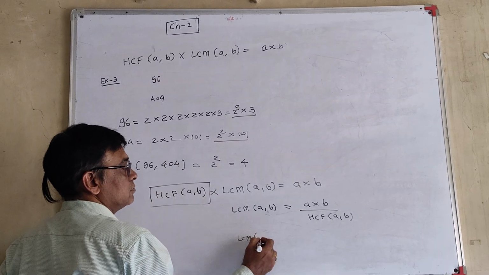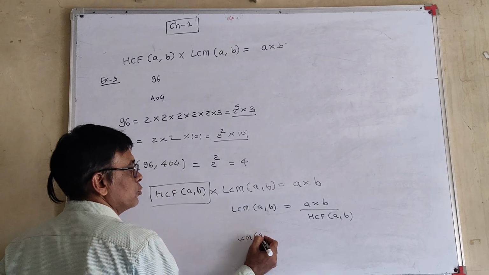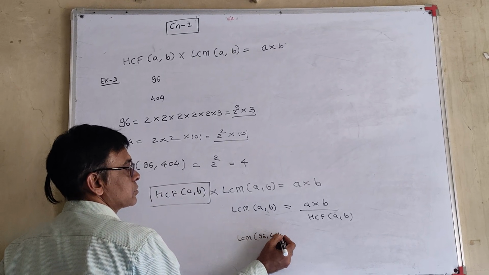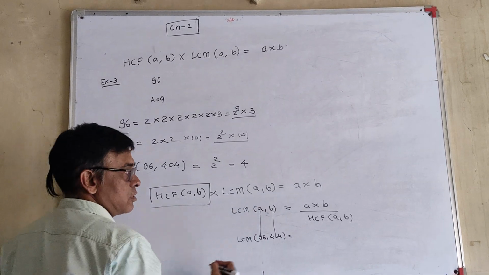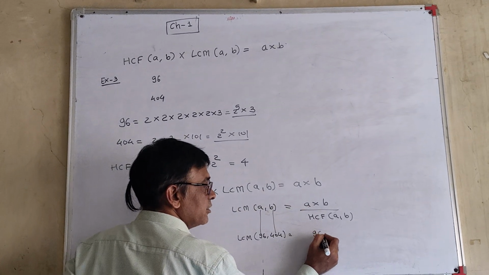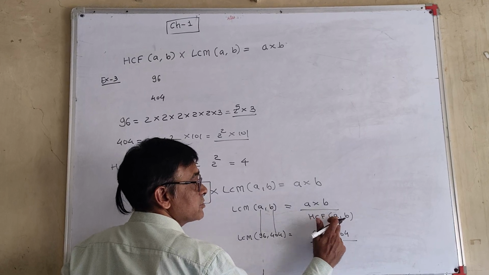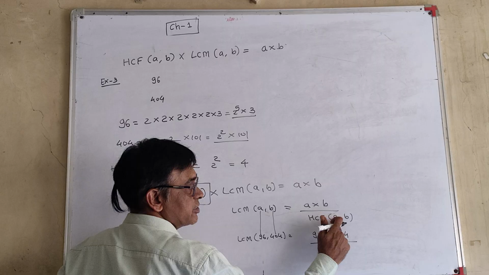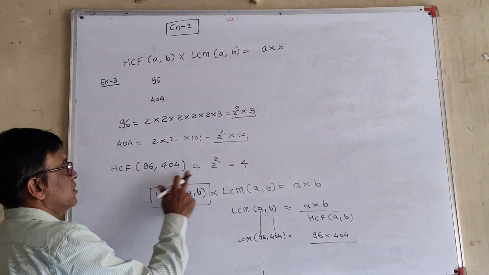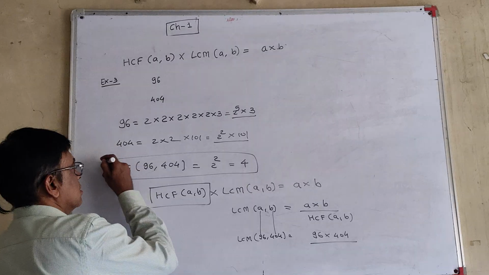So for the LCM, A and B are two numbers, which are 96 and 404. A is 96, B is 404, and the HCF of 96 and 404 is 4.